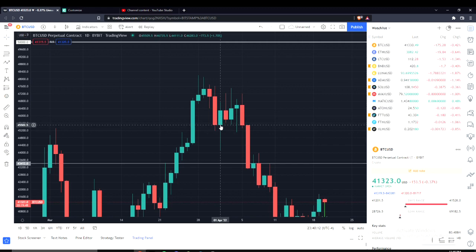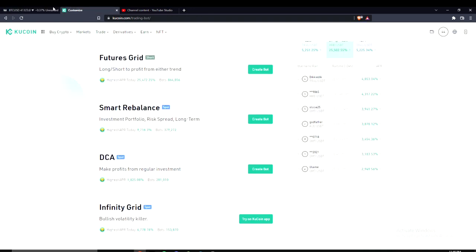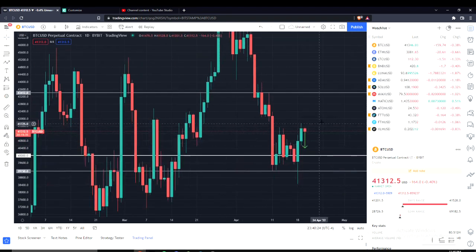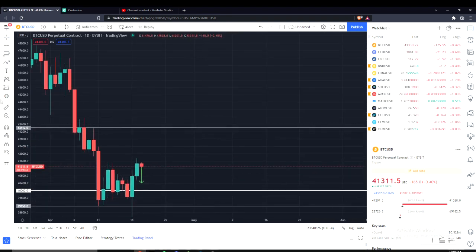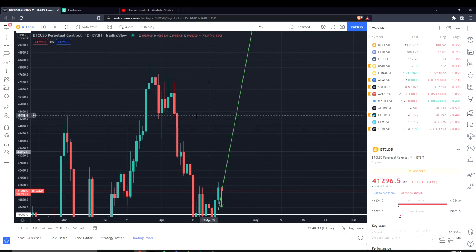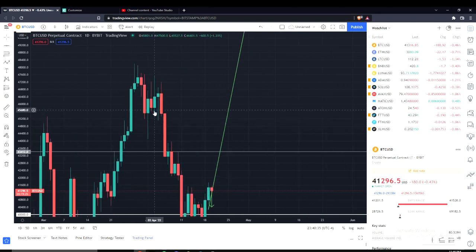You start the DCA, dollar cost average spot here. So you buy here, then you buy here, you buy here, then you buy here, then you buy here, and then it keeps dropping. But that's okay, because let's say Bitcoin then goes back up, or let's say it gets back to your starting area, and you're like, all right, I want to turn the bot off now.